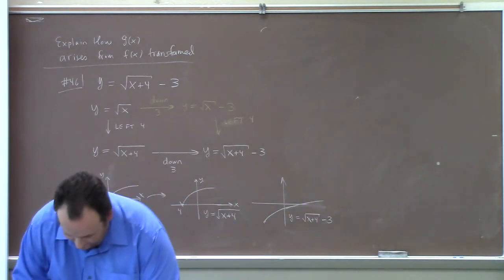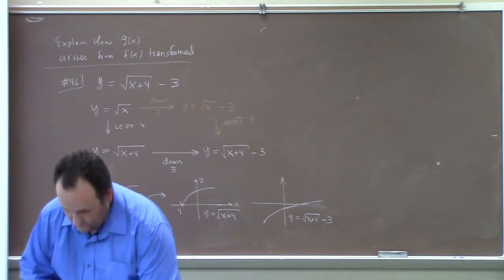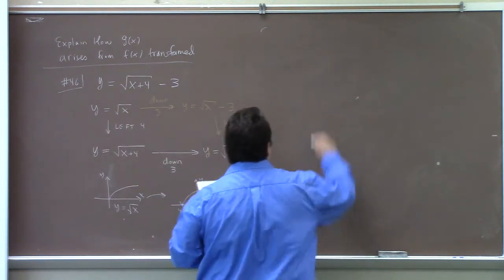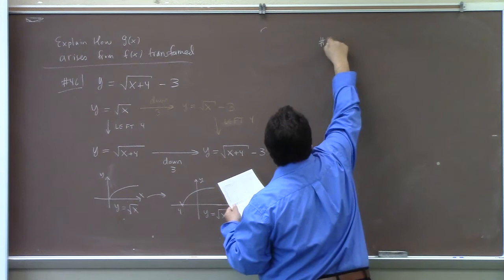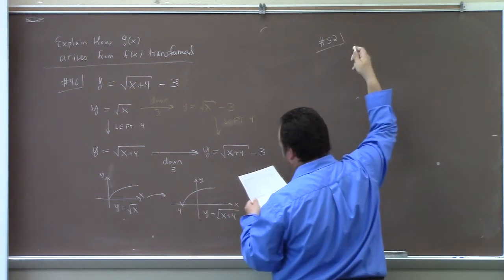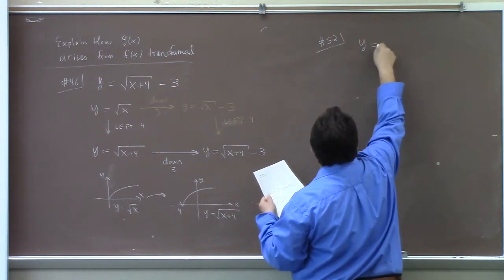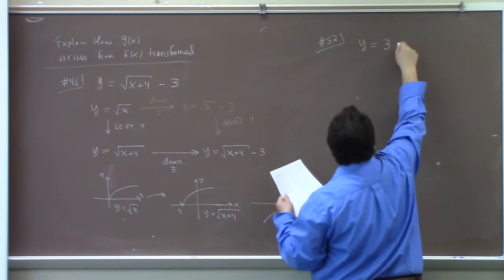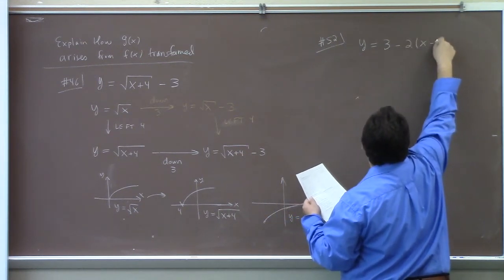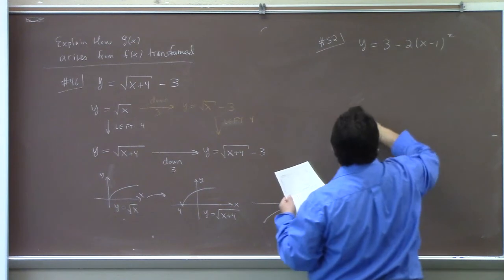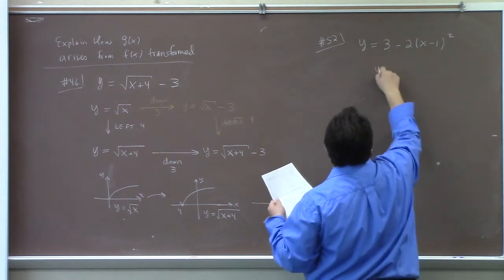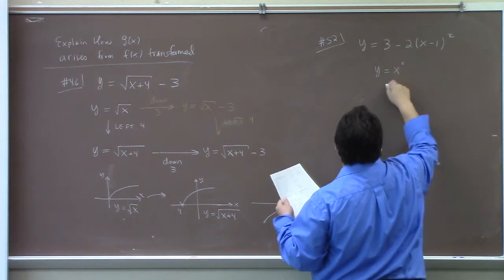Another example would be number 52. This is from section 2.6. We have y equals 3 minus twice x minus 1 squared. So here's what I would do. I would start with y equals x squared, right?